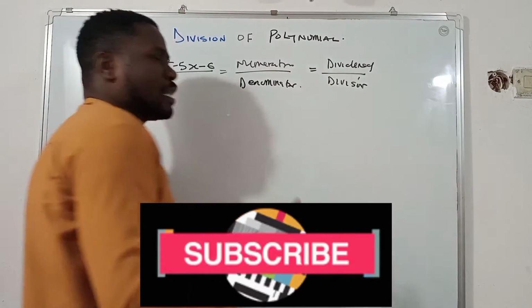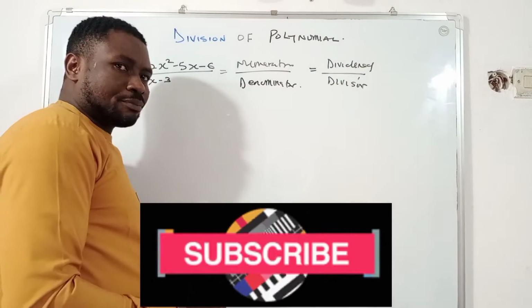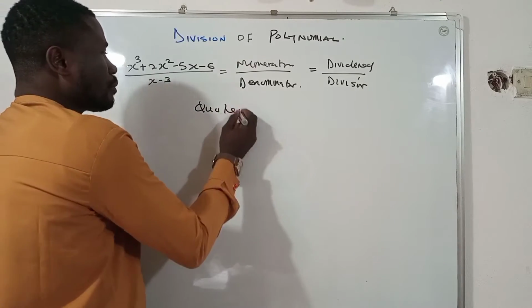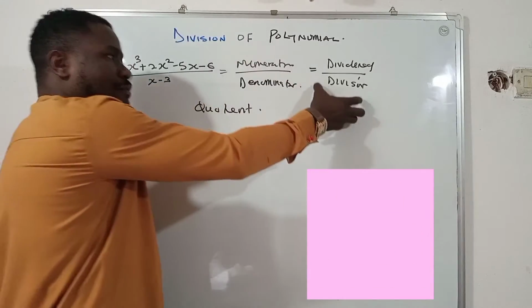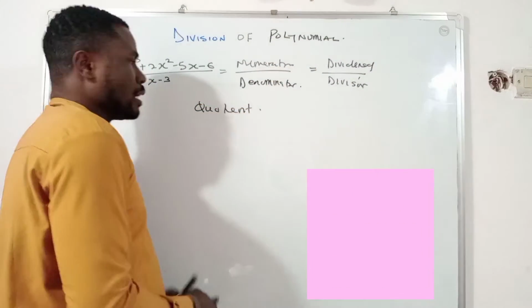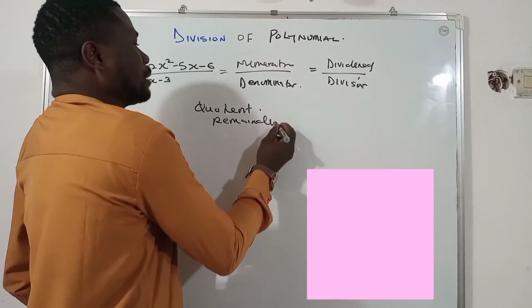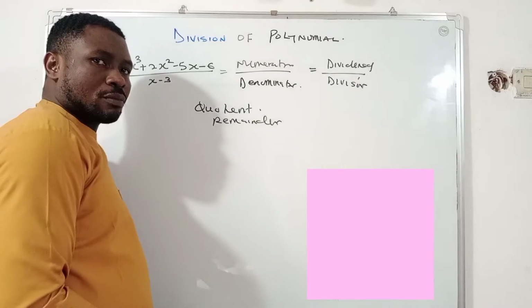That answer will be the number of times the divisor divides the dividend, and then the remainder. So we have the quotient, which represents the number of times the divisor divides the dividend, and then a remainder. Sometimes there may be no remainder, and if there is none, then the remainder is 0.